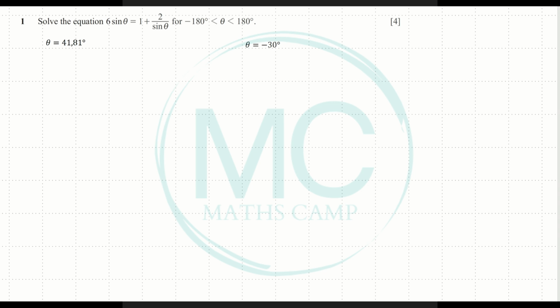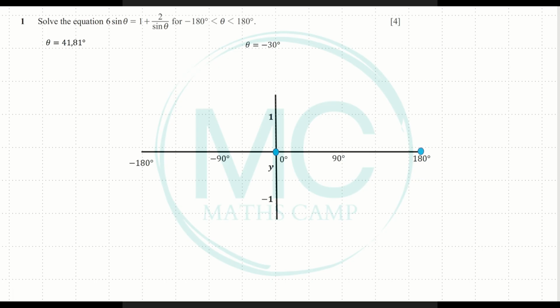The best way to find all the possible values of theta is to draw a graph. So let's put in our axes from negative to positive 180 degrees. Sine theta has a y-intercept at the origin, its x-intercepts at 180 and negative 180 degrees.